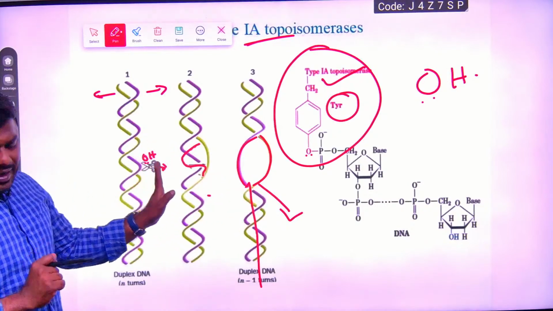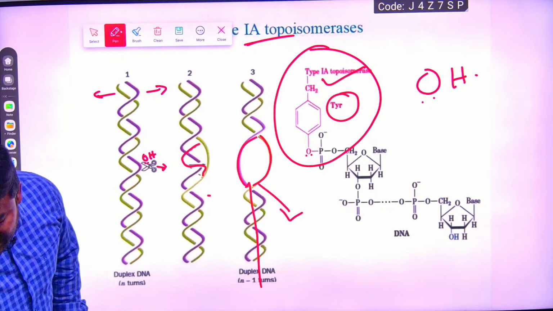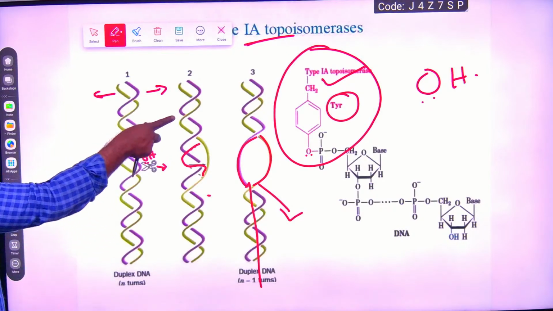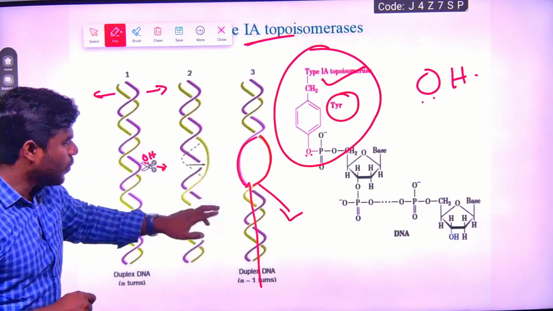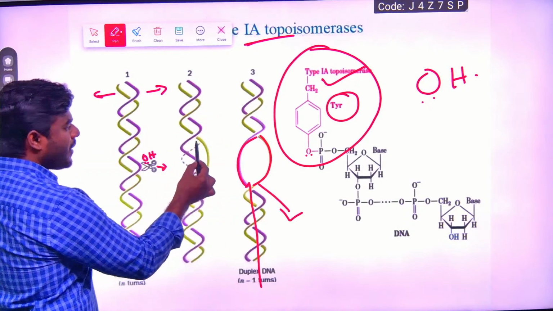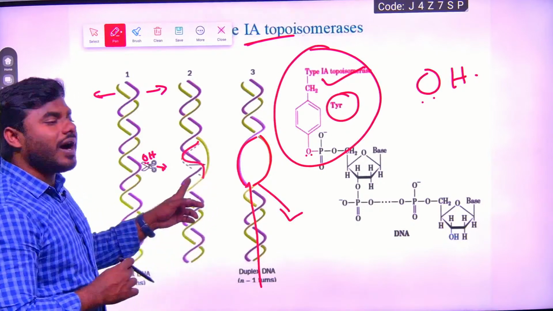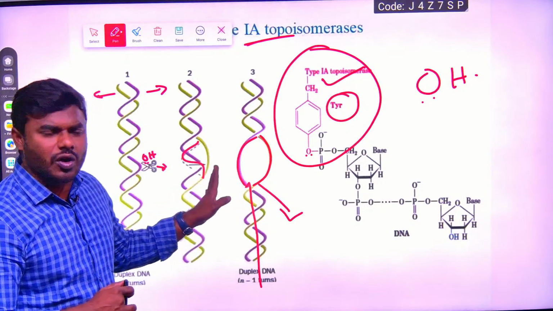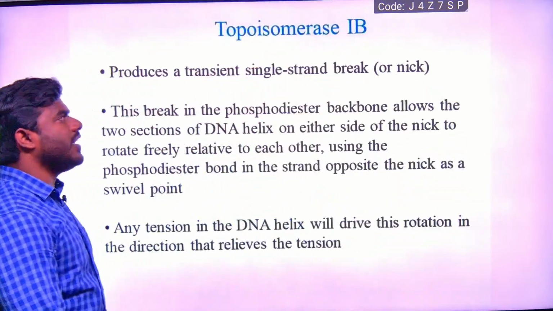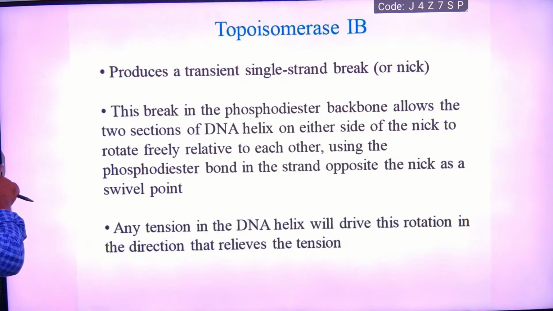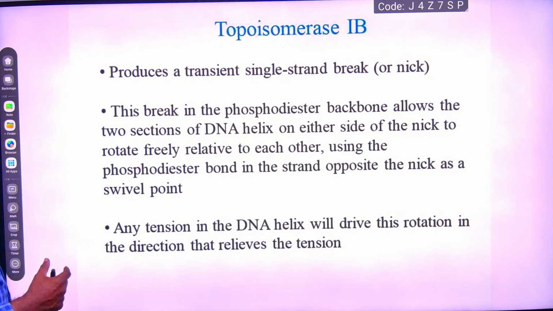This is the simple mechanism of type 1A, which has tyrosine in its active site, which comes and cuts one strand. Through the gap created, it passes the other strand. Simple mechanism, not complicated. Now, how can I differentiate type 1B from type 1A? See, this is a very different one.